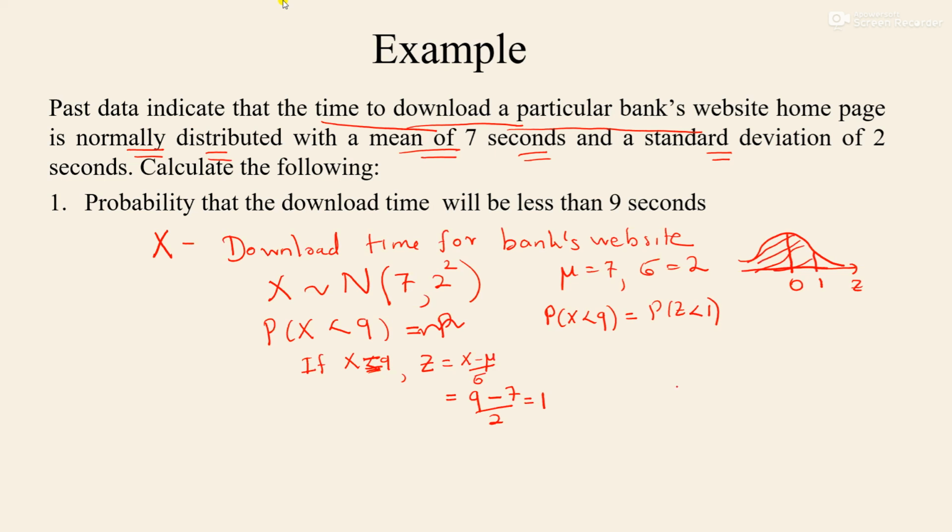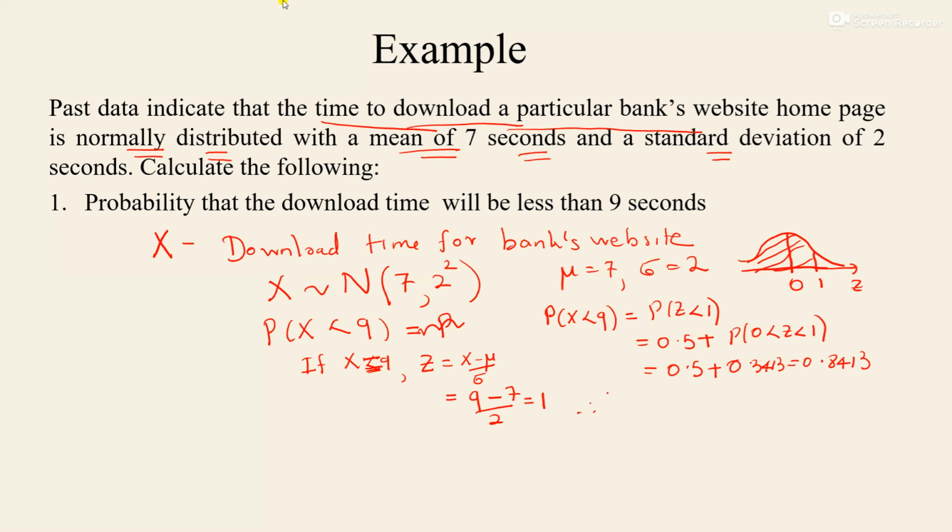This is equal to 0.5, the area to the left of 0, plus the probability of 0 less than z less than 1. From the table, 0.5 plus 0.3413 is equal to 0.8413. So what is the interpretation of this one?